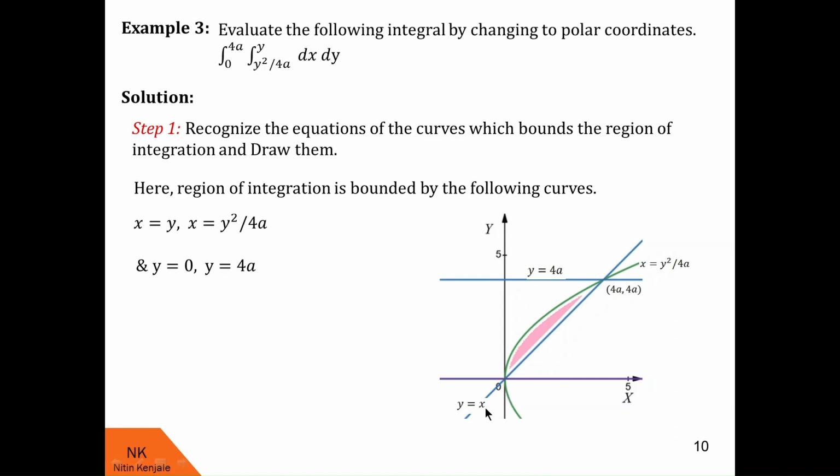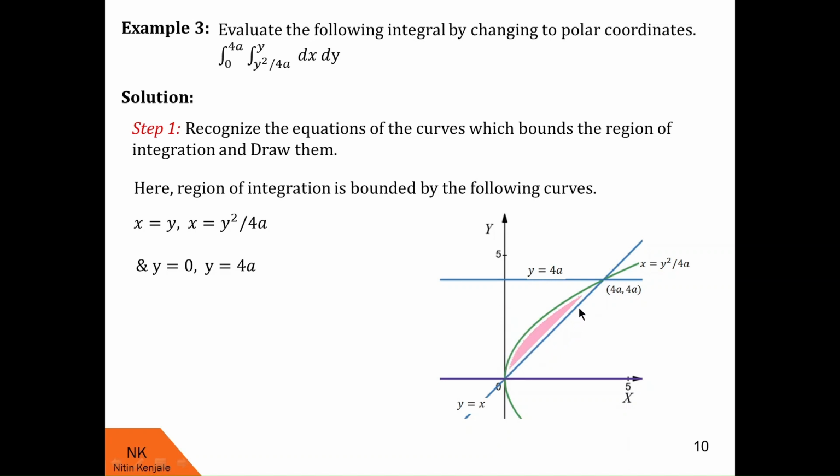X is equal to y is this straight line passing through origin making an angle of 45 degree with positive x-axis. X is equal to y square by 4a is a parabola along y-axis opening to the right. Y is equal to 0 is x-axis. And y is equal to 4a is this line passing through point y is equal to 4a which is parallel to x-axis.